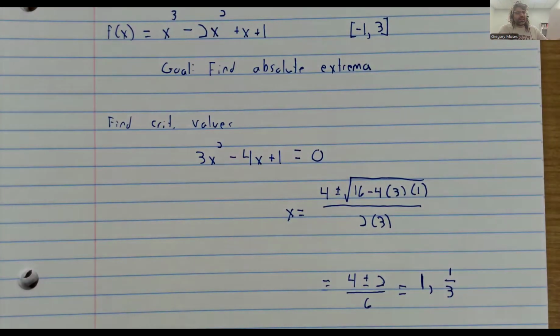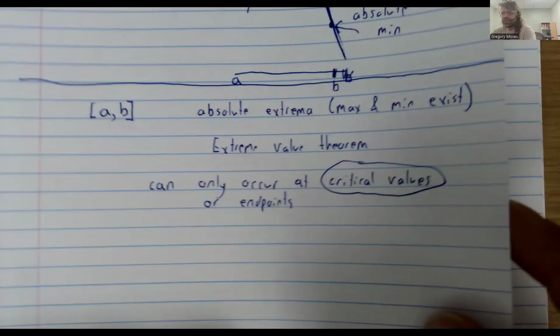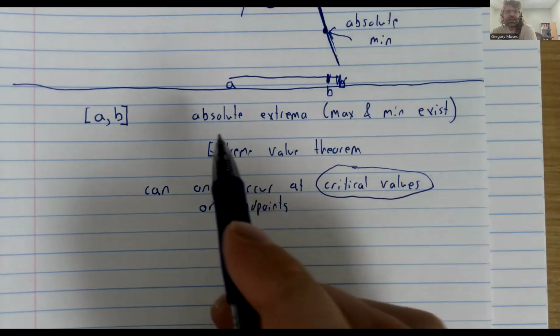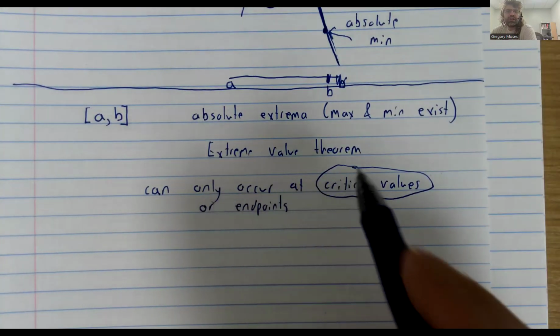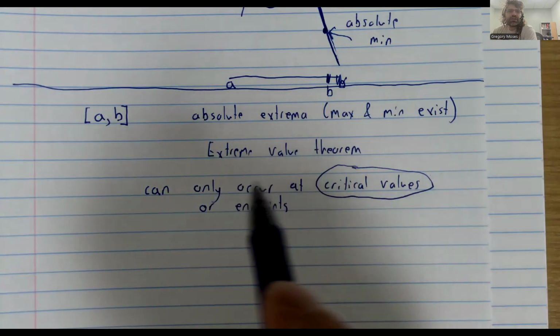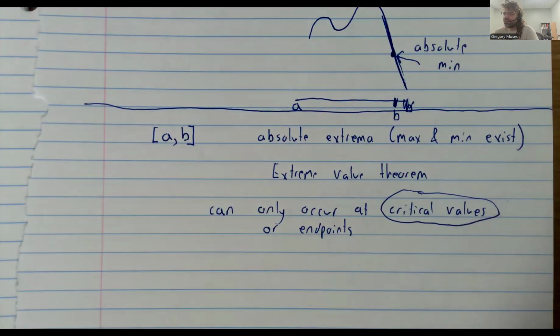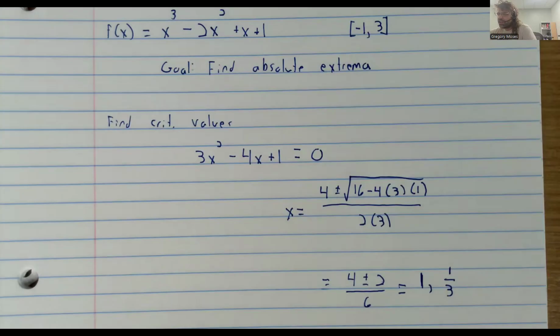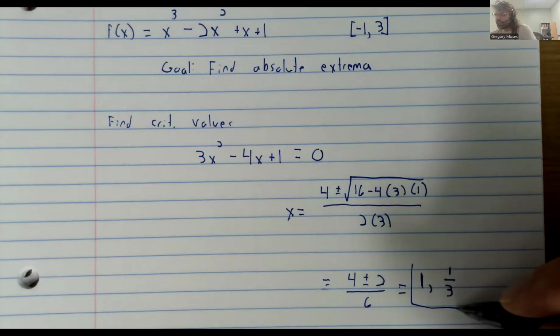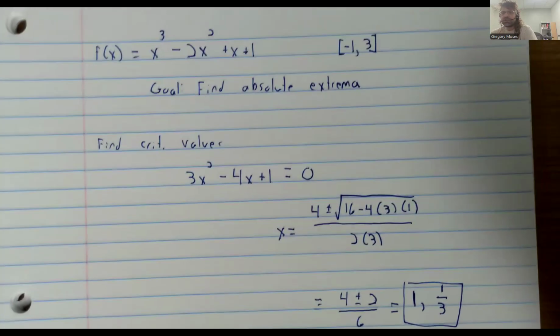And I've made this statement that these absolute extrema can only occur at critical values or the endpoints. So we have two critical values, 1/3 and 1.